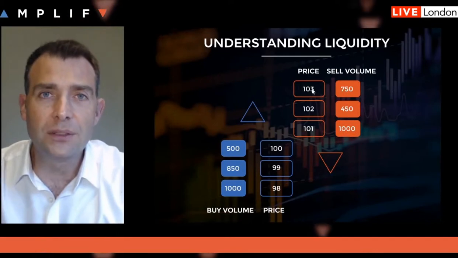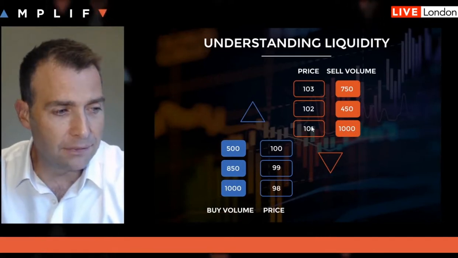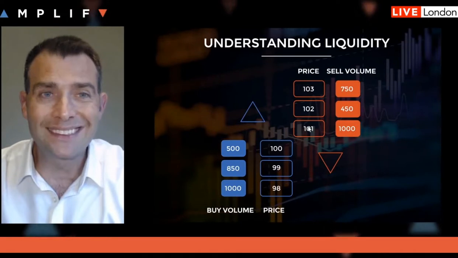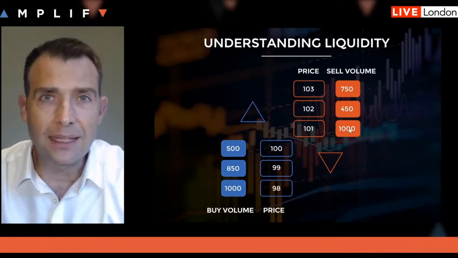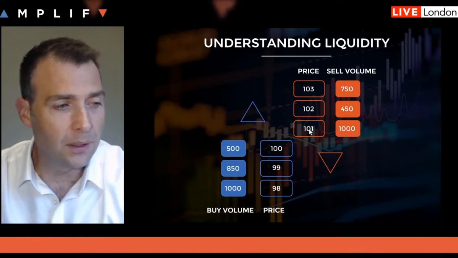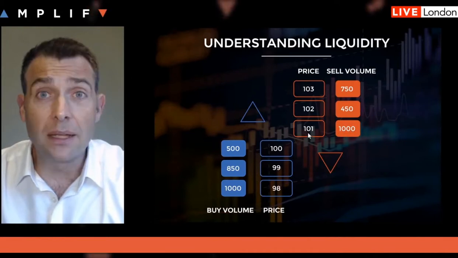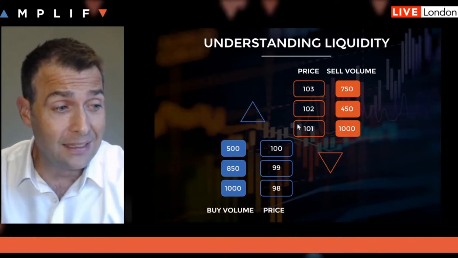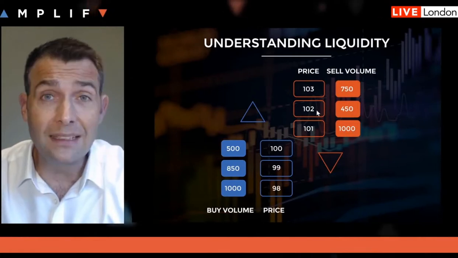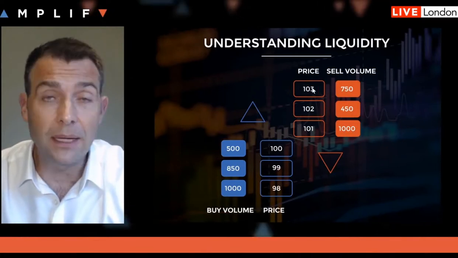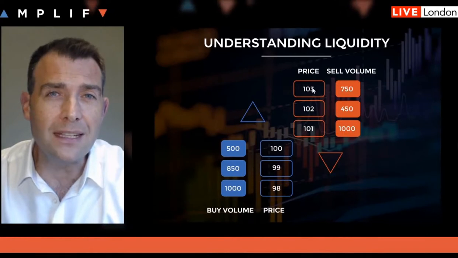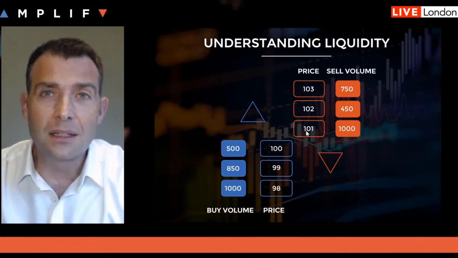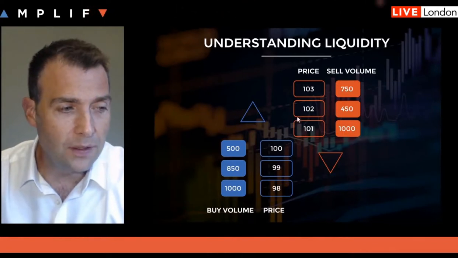So if I wanted to buy this product, I'd have to buy from anyone that's willing to sell it, and you can see I can buy 1,000 contracts here at the price 101, or if I wanted to buy 1,500 contracts, I'd buy 1,000 here, I'd buy 450 here, and I'll just have 50 left to buy here. But already you might be able to see that with a large trade, I'm moving the price higher.